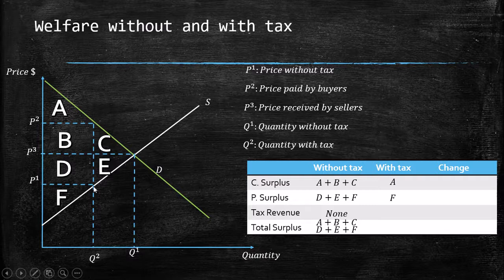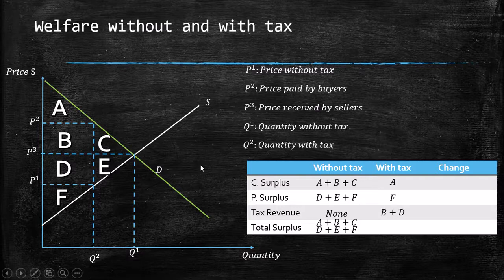Producers along this part of the curve are willing to produce even at a price lower than P1, but they don't have to. They're going to receive P1. So we see how F is considered the producer surplus.